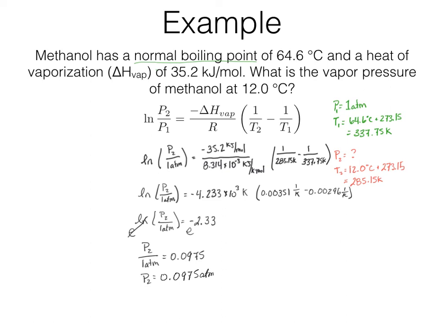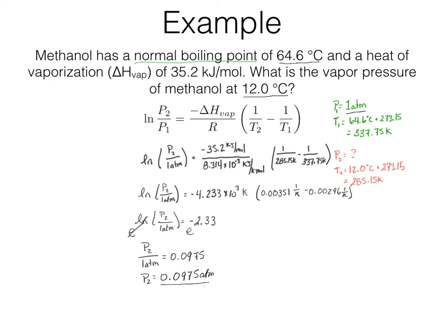To sanity check this, I need to make sure that it makes sense. When my temperature is at 64.6 degrees Celsius, I have a pressure of 1 atmosphere. When I lower that temperature, I have a pressure much lower than 1 atmosphere.